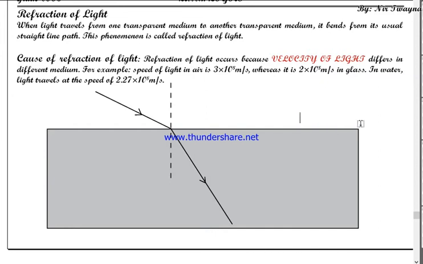Will you remember the term rarer medium? The medium in which light has more velocity is known as rarer medium, and the medium in which light has less velocity is known as denser medium.